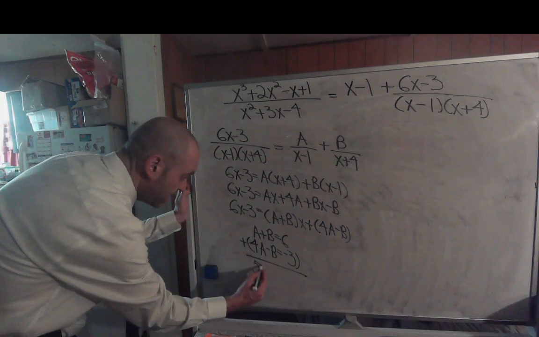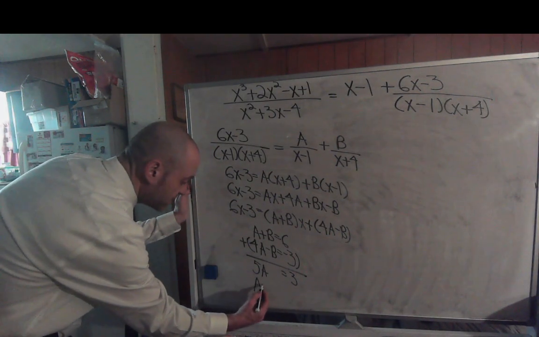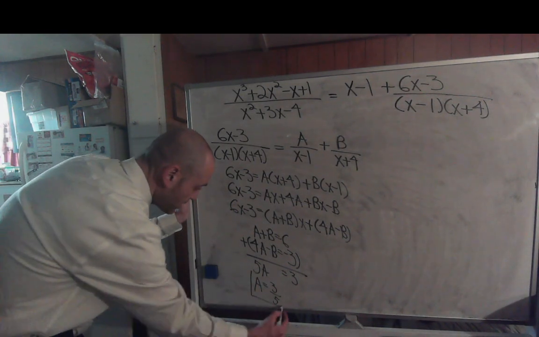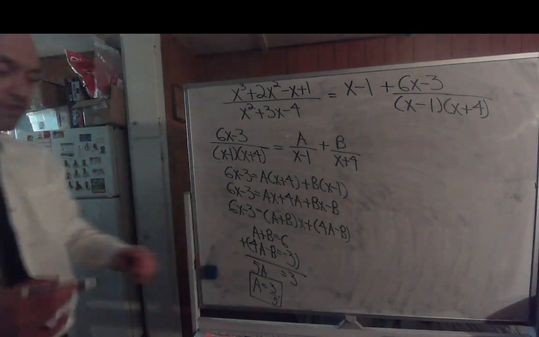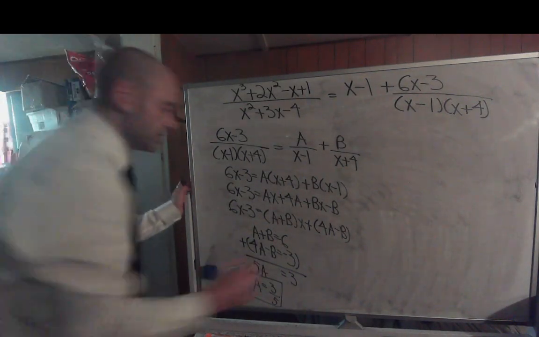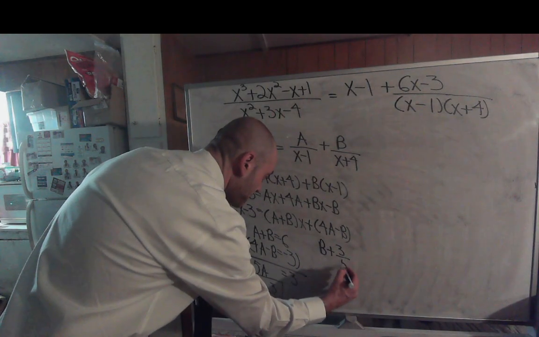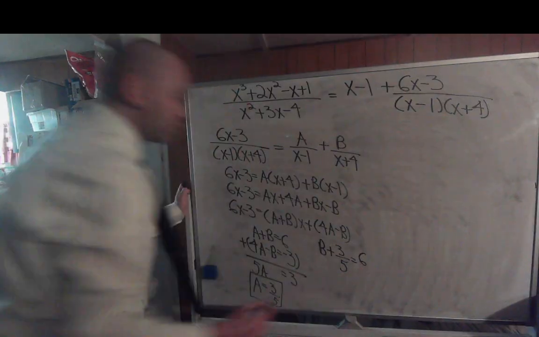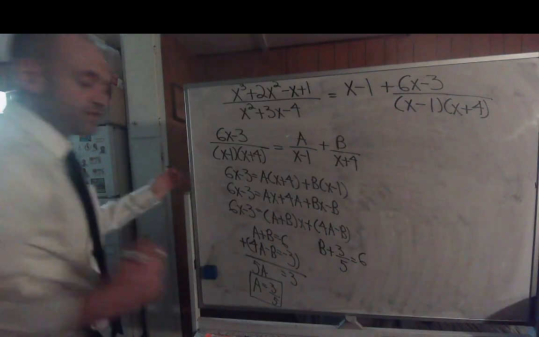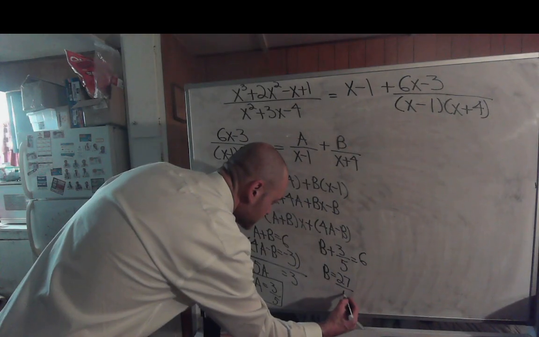That means that 5a would equal 3, so a would have to equal 3/5. So a is 3/5. We can easily find b by putting that into the first equation. So b plus 3/5 equals 6. Well, 6 in terms of 5 is going to be 30/5, so that means b would have to be 27/5.